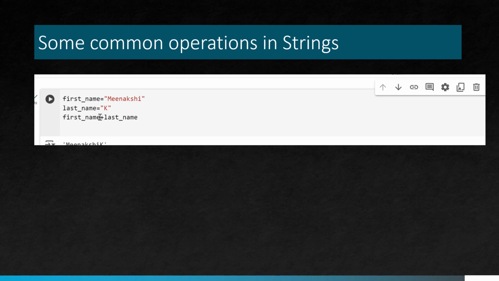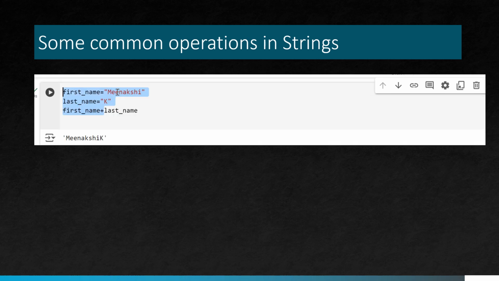So if I want a space, what can I do? I can add an empty space character here, and then I can give plus. Now if I run, I'll get Meenakshi space K. This is concatenation, or adding up of two strings. You can add one string with the other one. Same way, what happens if I multiply?